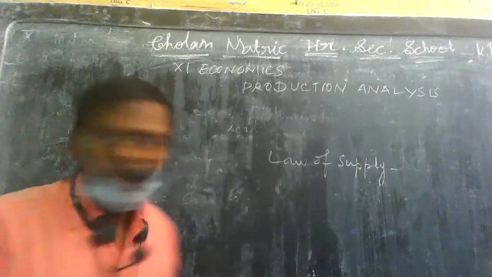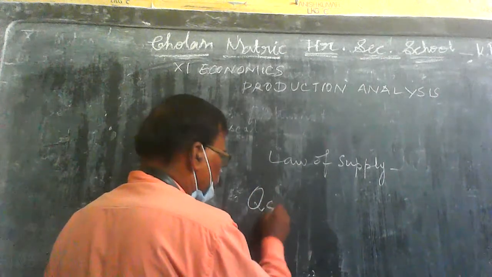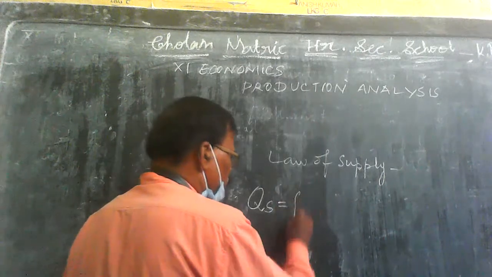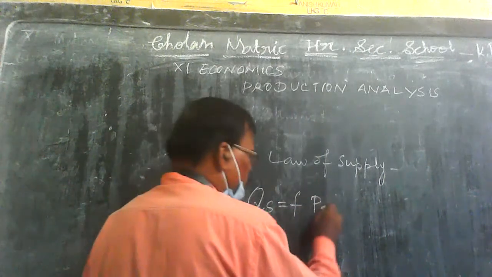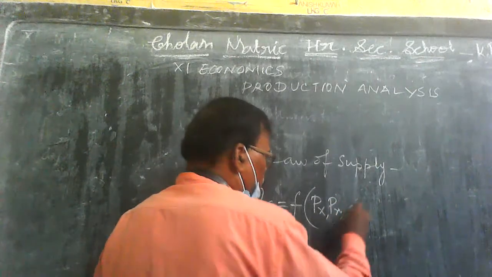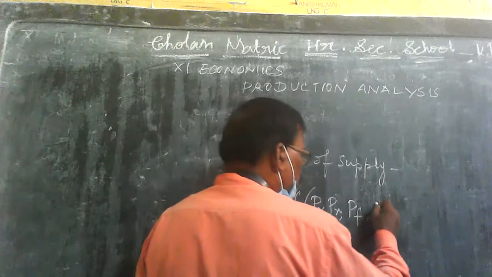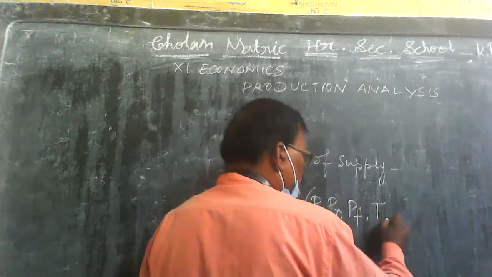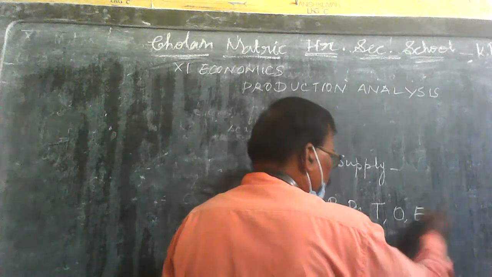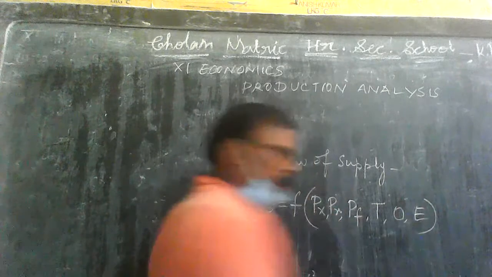That's why you say supply is a function of these factors, that is, QS. Quantity supplied is equal to a function of PX, PR, PF, then T, then O, next E. So 1, 2, 3, 4, 5, 6.